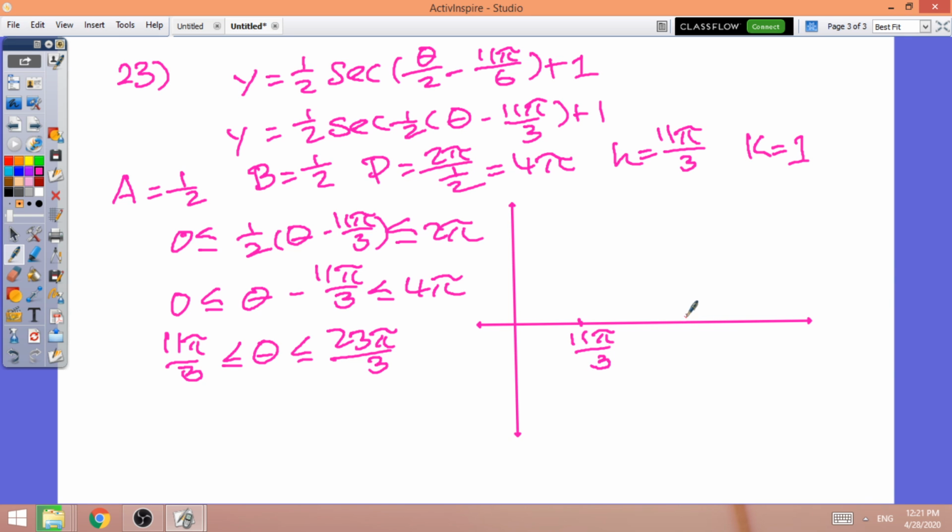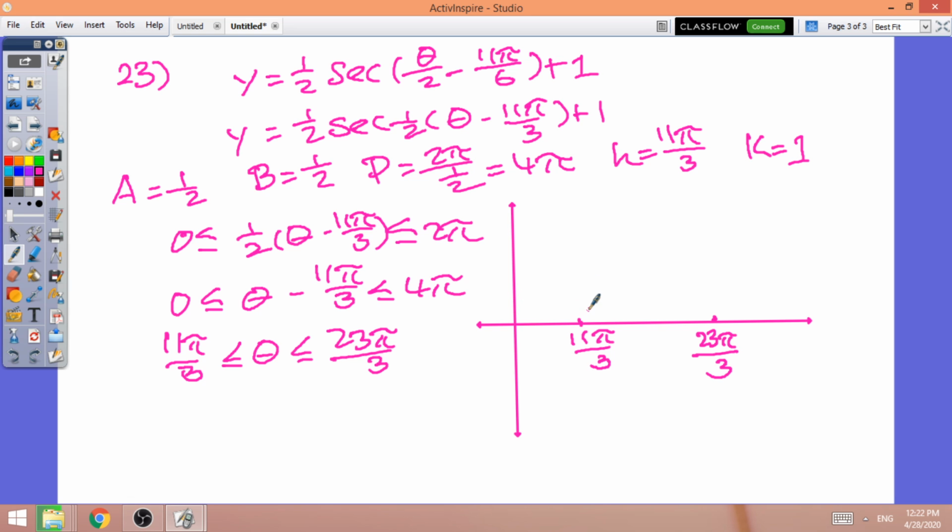So make sure that it's relevant and also equivalent. And 23 pi over 3, maybe a little bit over. So 23 pi over 3. Okay, so you can always customize your scale. So you want to make it a little bit wider. Okay, so 11 pi over 3. Well, let's just keep it like that first.